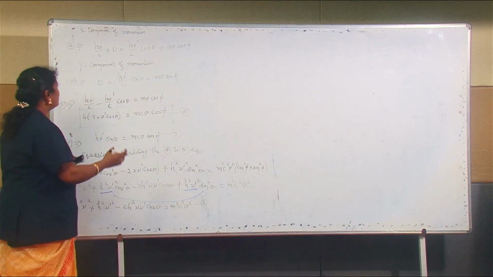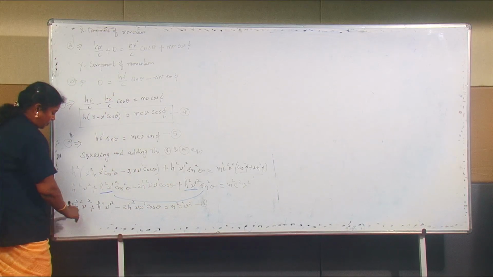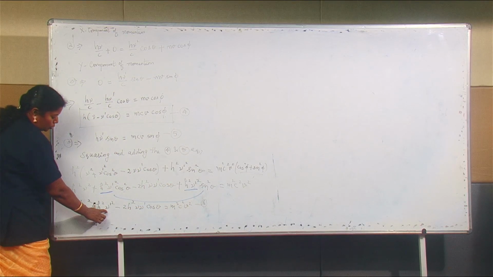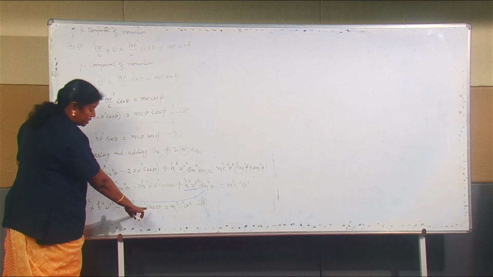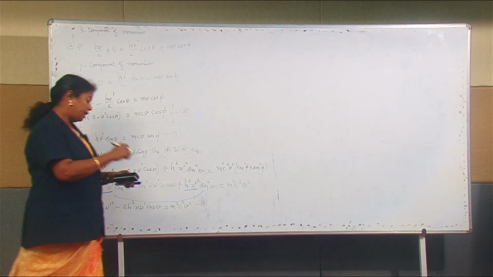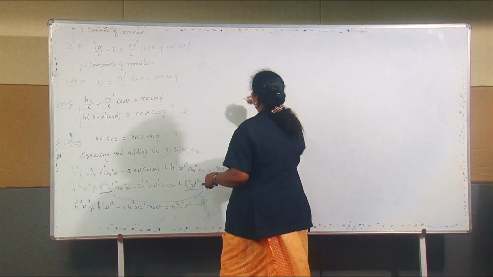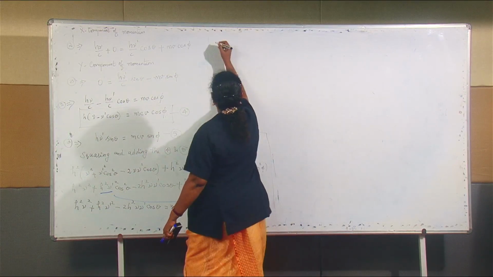So, now we reduce the x component of momentum and y component of momentum into a single format: h squared ν squared plus h squared ν' squared minus 2h squared ν ν' cos θ is equal to m squared c squared v squared. Similarly, we already have the energy equation. So, let us simplify that one. So, what is the energy equation?